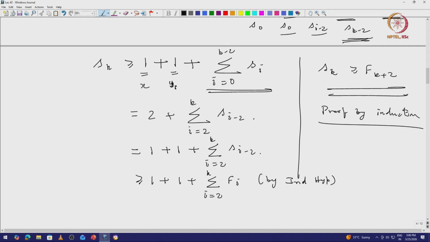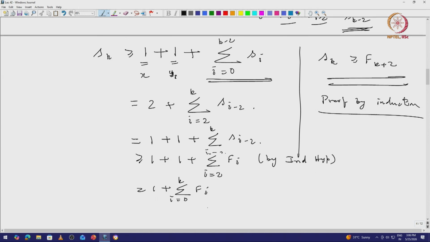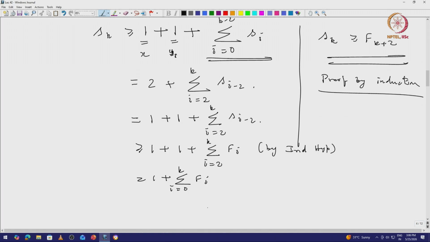But one is F1. F0 is 0, therefore this can be written as 1 plus the sum of i equal to 0 to k of Fi. This can be written like this, which is nothing but F(k+2). We have already seen that this is F(k+2).